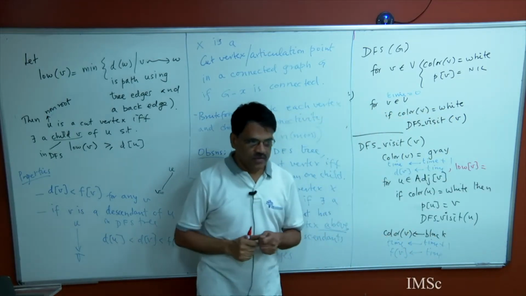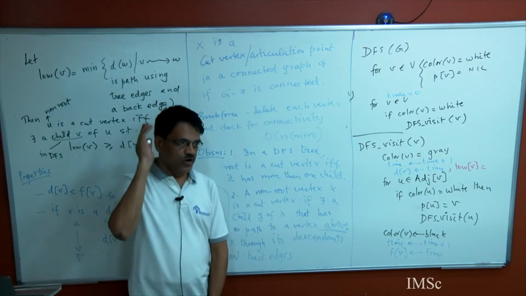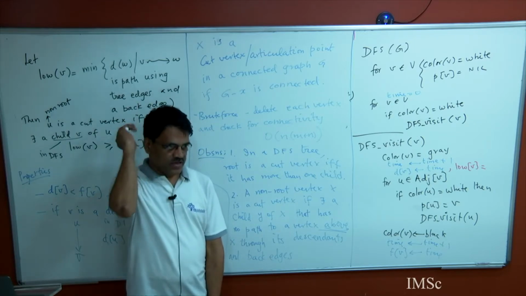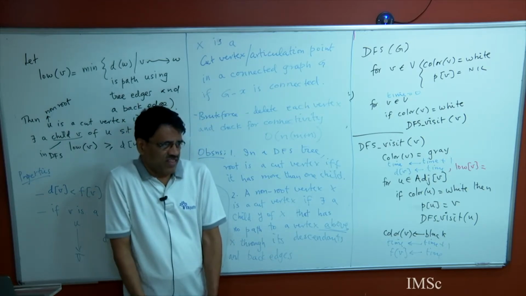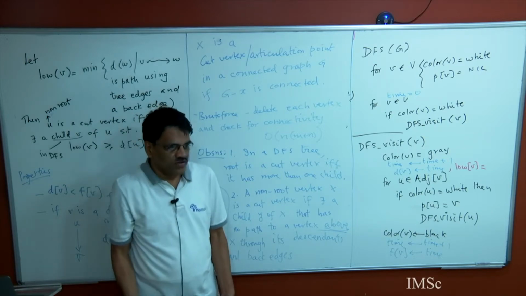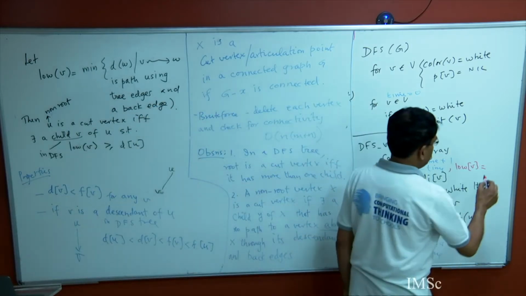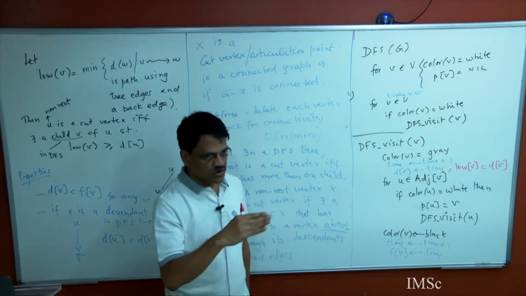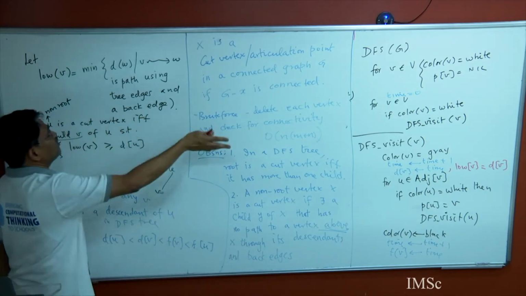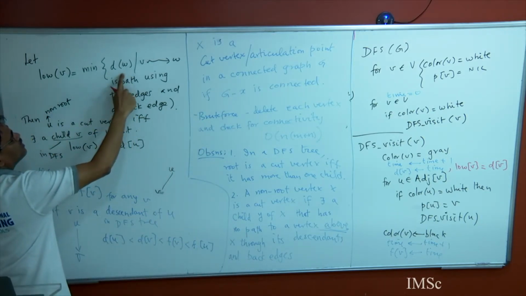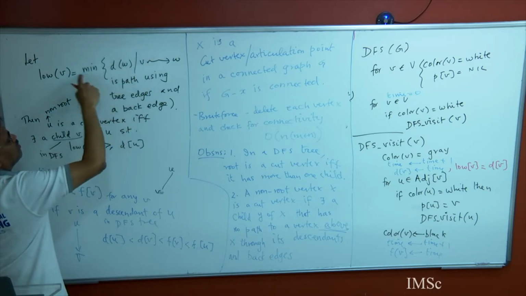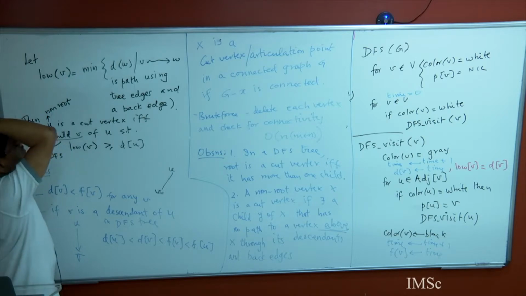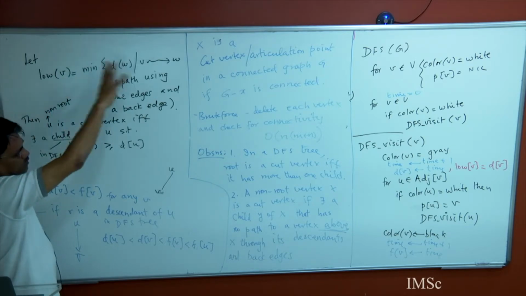What is the smallest d value it can reach by using tree edges and one back edge? Right now I have no tree edge, no back edge, nothing. So what can I reach? I can reach myself. So low value is equal to d of v. That is always true, because I can reach from V to V without anything. So we will update this anyway.